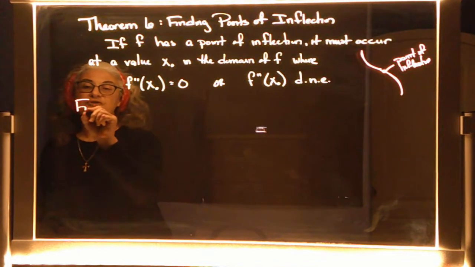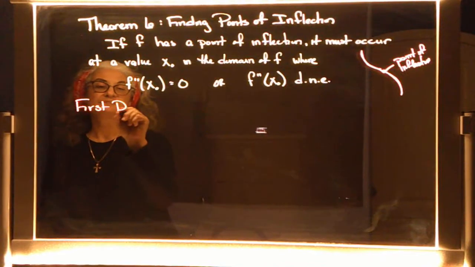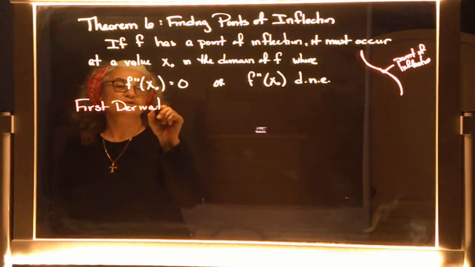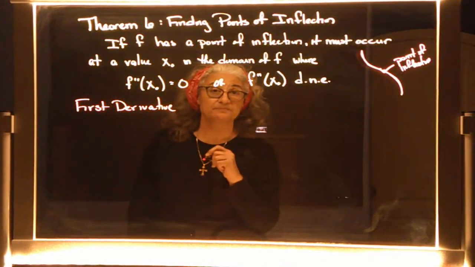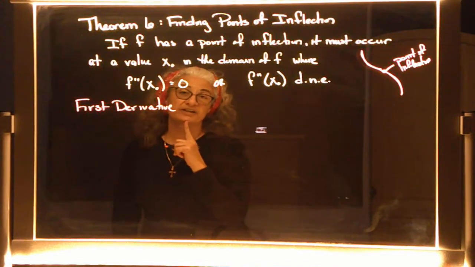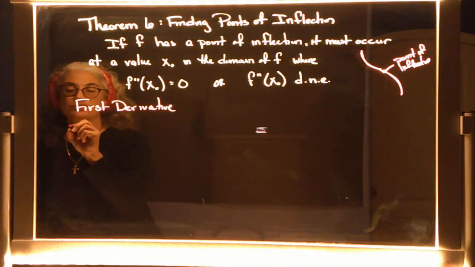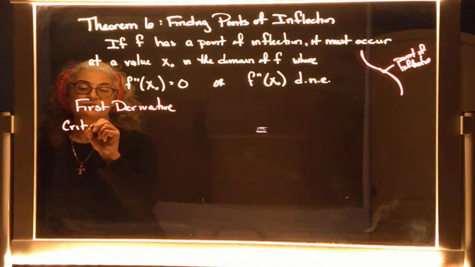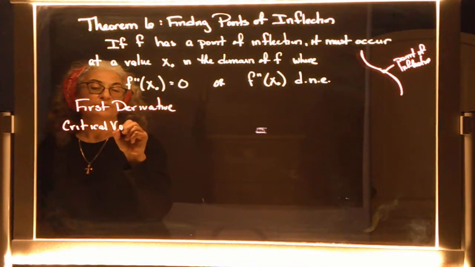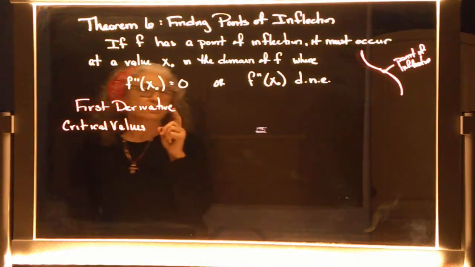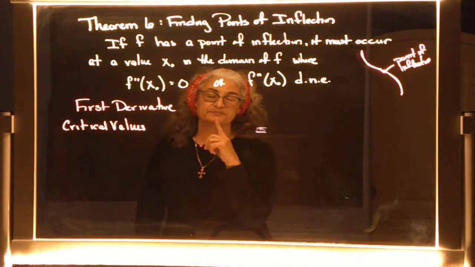So, let's talk about the first derivative. When I have the first derivative, what does it help me find? It helps me find critical values. How do I find those critical values?